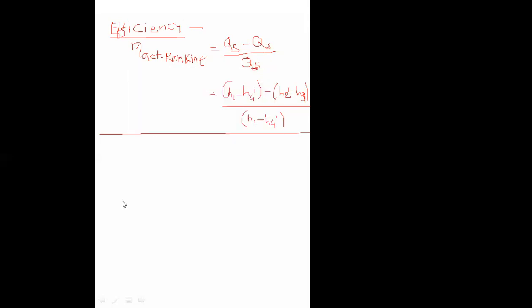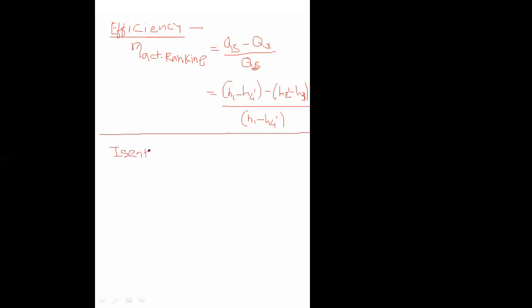No doubt. Okay. Now here we have to go for this point H4 dash and H2 dash. This we have to calculate with the help of another case, that is efficiency. Now write down the isentropic efficiency of pump. You hearing?